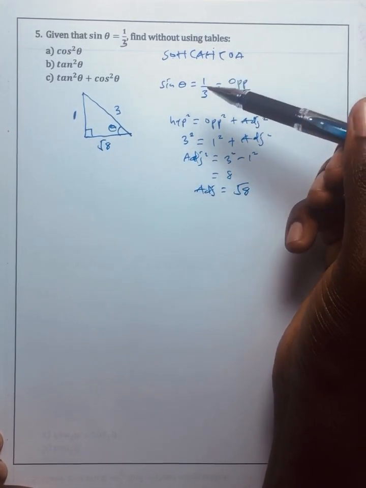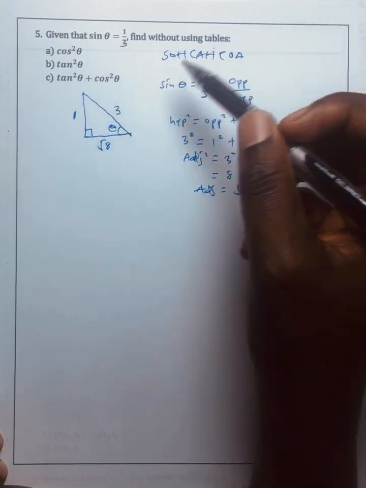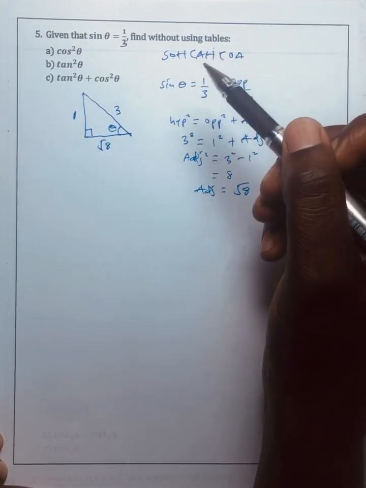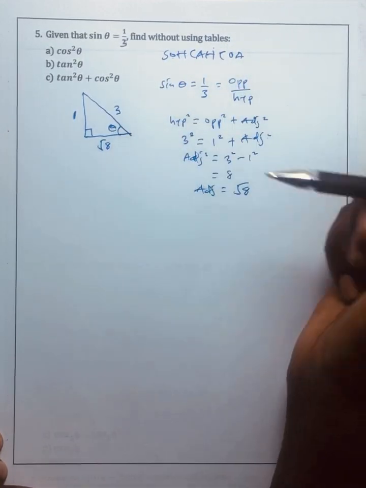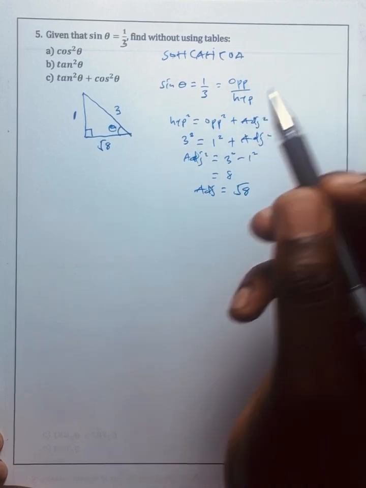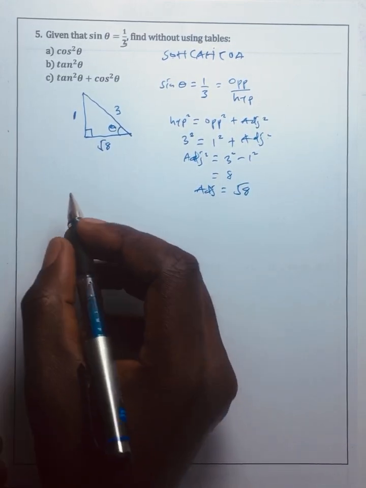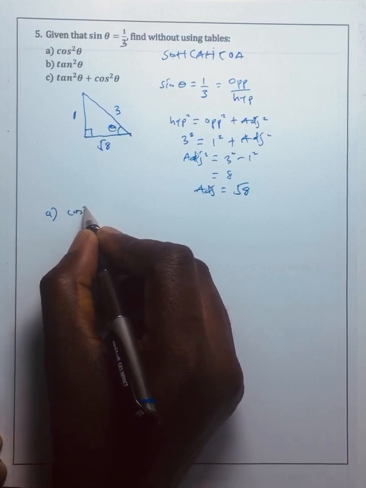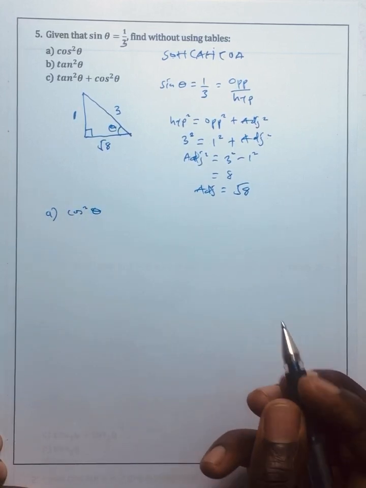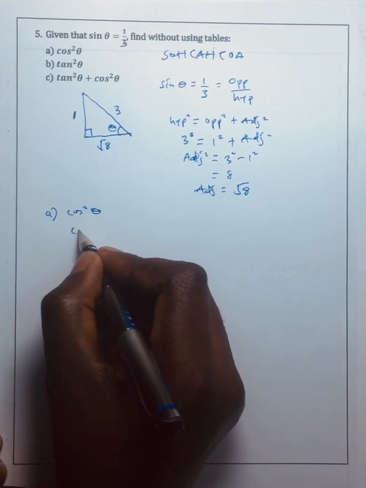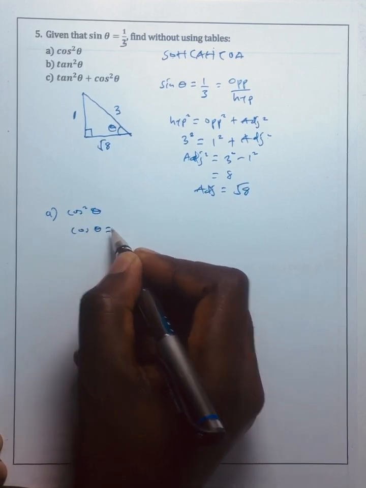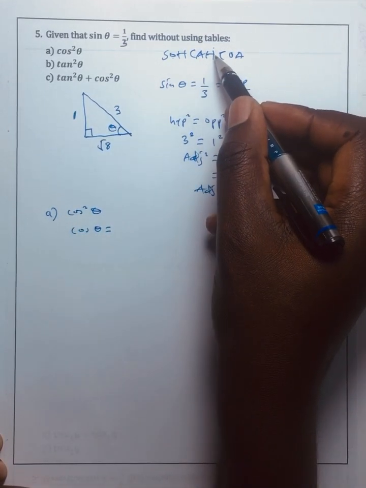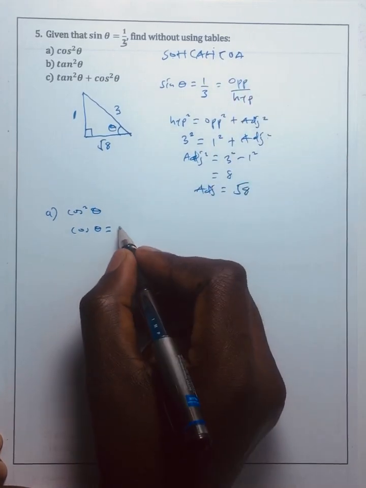So it means we can obtain any of the trigonometric ratios, be it tan, cos, or sine, from the triangle that we have, because we have all the sides. So let us start from A. A requires us to obtain the cos squared theta, and cos theta is given by adjacent over hypotenuse.